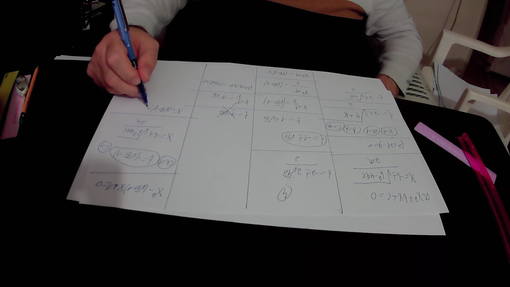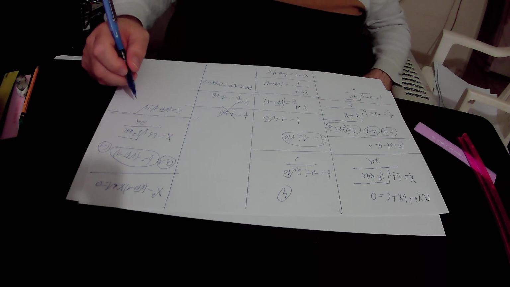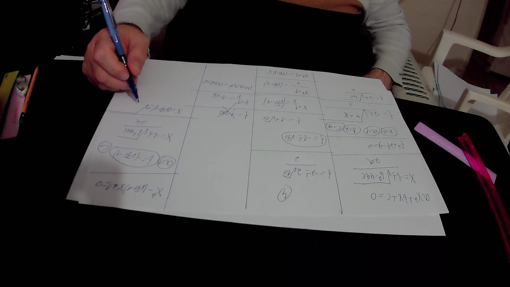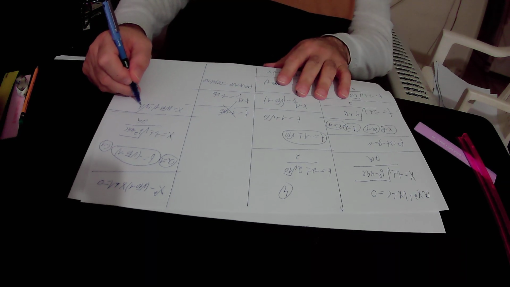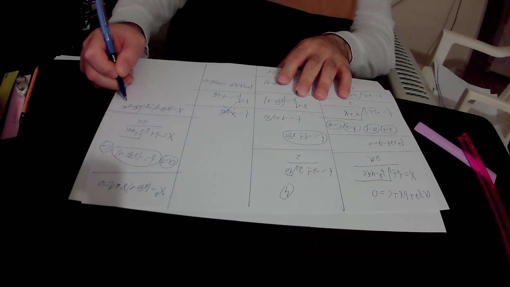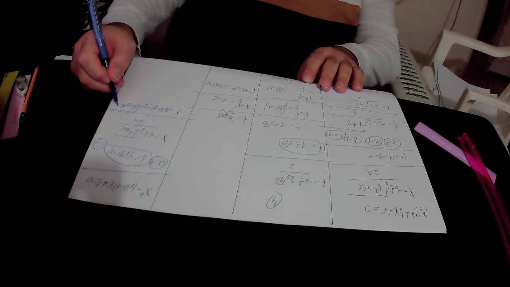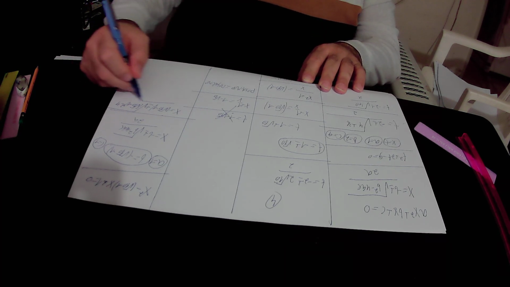plus minus square root of b squared, which is square root of 10 minus 1 squared, minus 4 times a times c. Minus 4 times a is 1 and c is 1, so it is minus 4, over 2a.